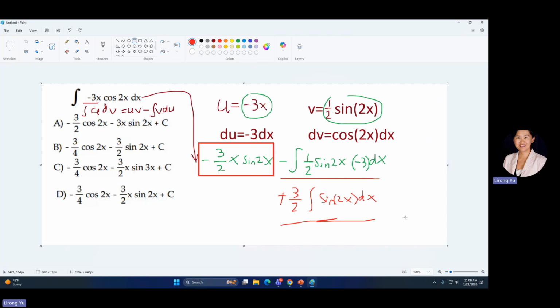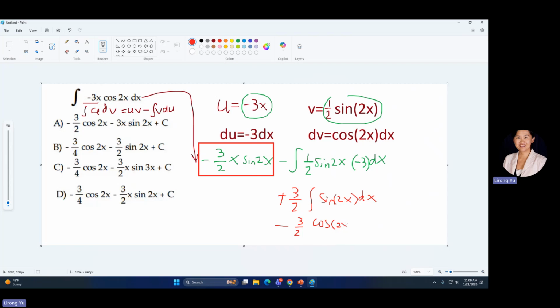When you are integrating this function, this is actually still in the integral. So when you integrate sine, you have negative cosine, so it's negative 3/2 cosine 2x.